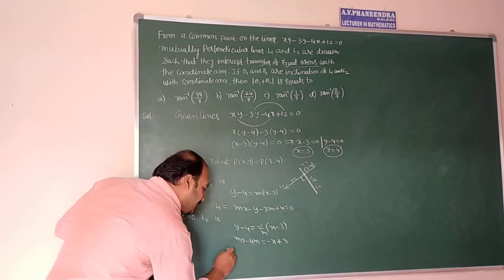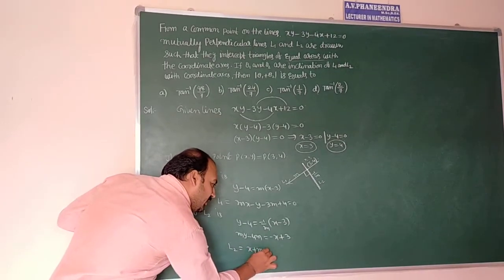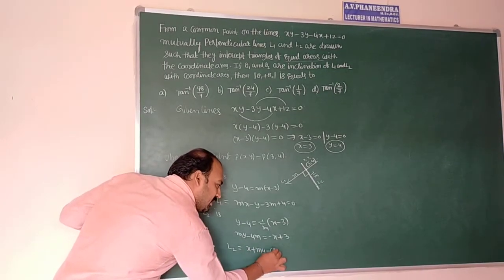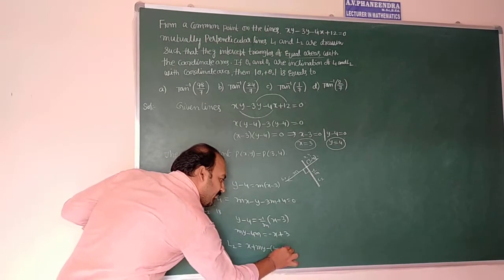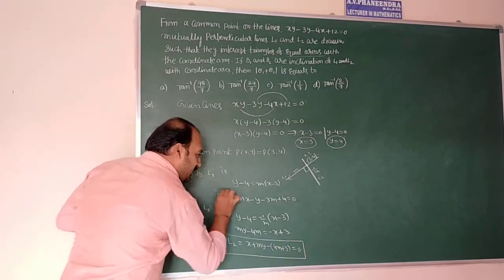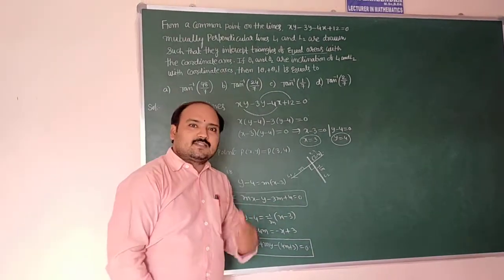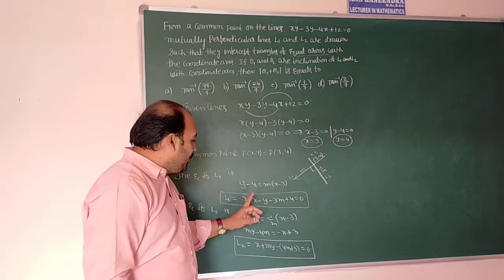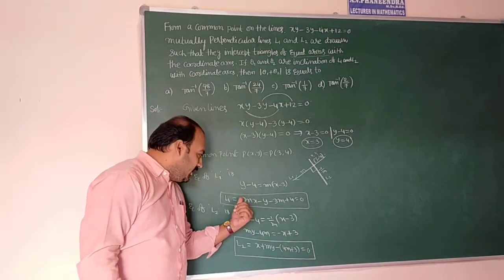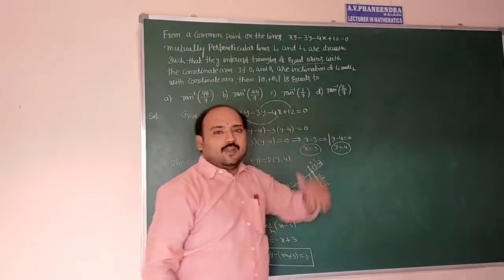Taking these values to this side, L2 is x plus my minus of 4m plus 3 equal to 0. This is the L2 line, and this is the L1 line. What they are saying is that the areas bounded by these lines are equal. Here they mention equal areas.